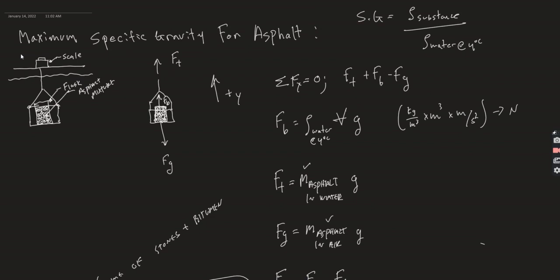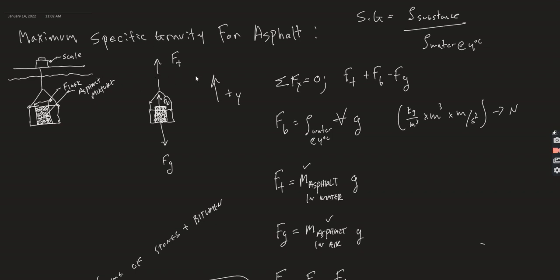So if you look to the far left, I have an apparatus for the maximum theoretical specific gravity, if you want to call it that. Basically all you have is a scale attached to a tension rope, which is attached to a basket which holds a specimen that is completely submerged in water.